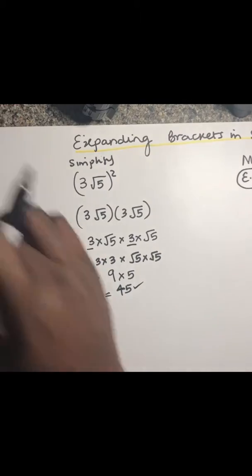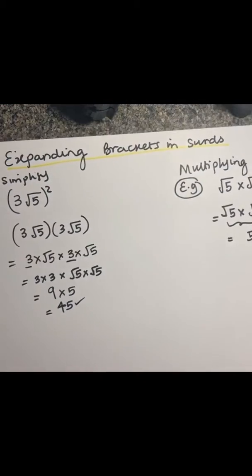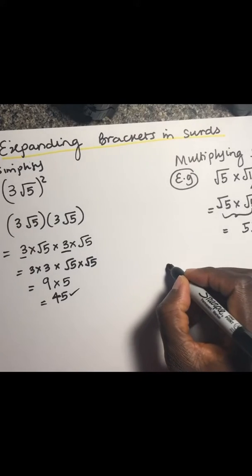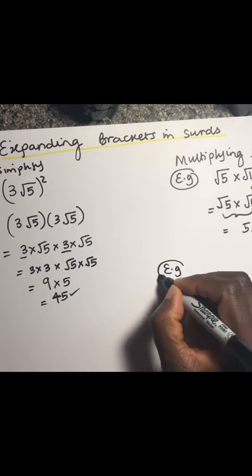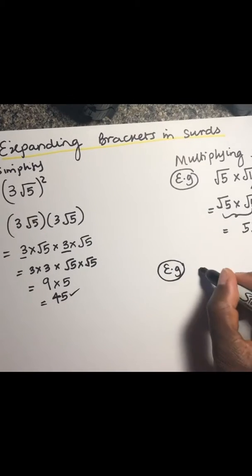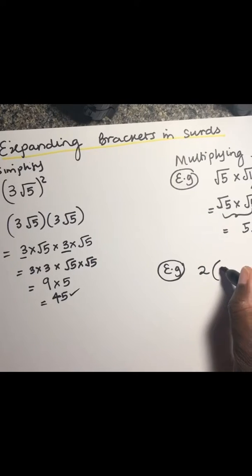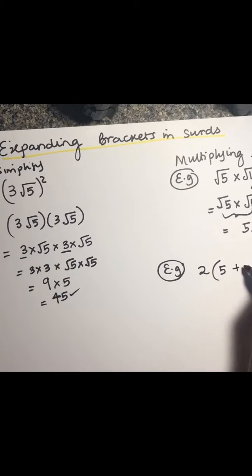So that's it for that one. Okay, now how about this one? Have a look at this example. If you've got 2 being multiplied by 5 plus the square root of 3, then we're going to use the FOIL method, which we use in expanding brackets normally in algebra, which is first, outer, inner, last.